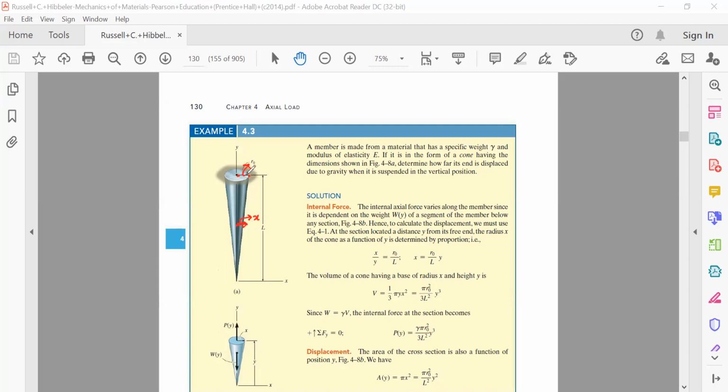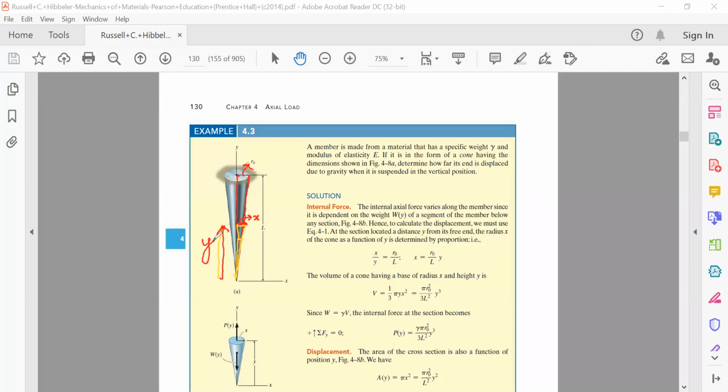Now we have two triangles. One is this larger right angle triangle, and the other one is a smaller right angle triangle, that is this one. We are having two right angle triangles, and one of their vertices is the same, therefore the two triangles will be similar triangles. So from the concept of similar triangles, we can directly write, and let's suppose the point where we have taken this section is at distance y.